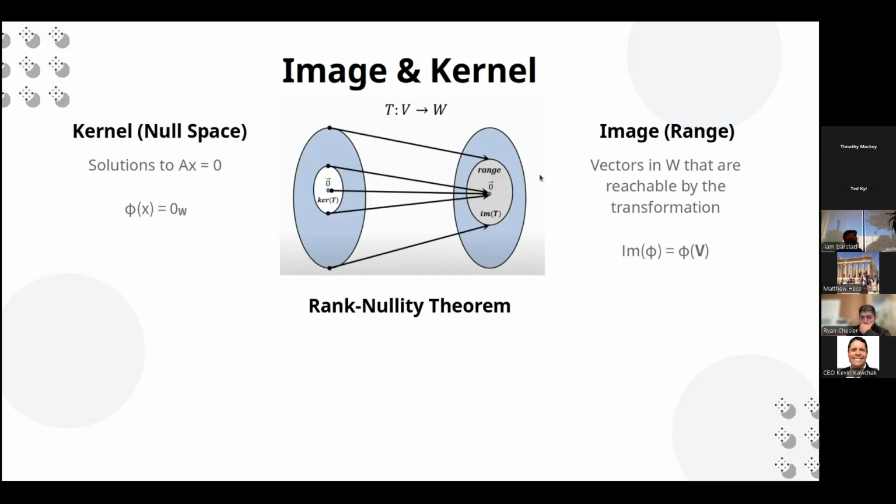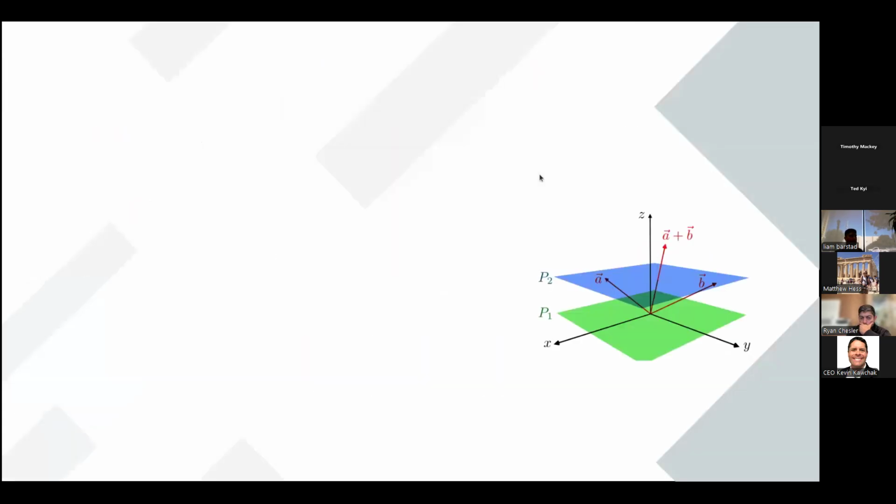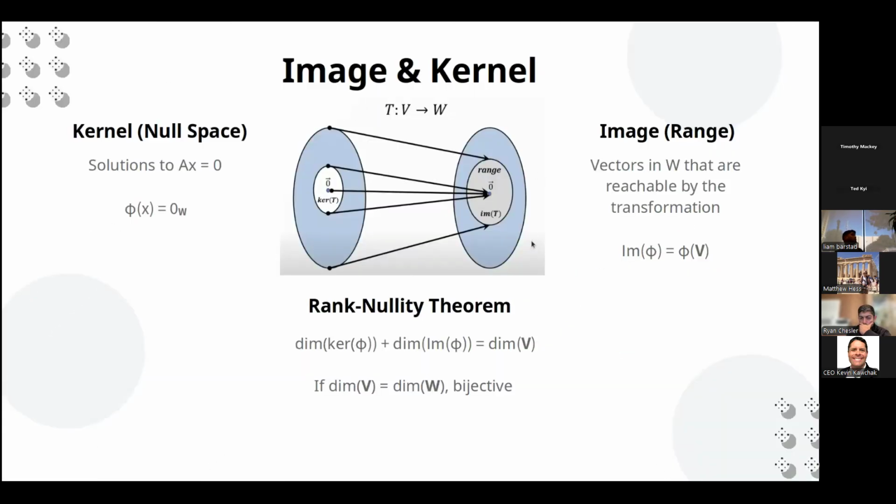So the rank-nullity theorem is a very interesting property, which is that the dimension of the kernel plus the dimension of the image equals the dimension of V, or the dimension of the domain.